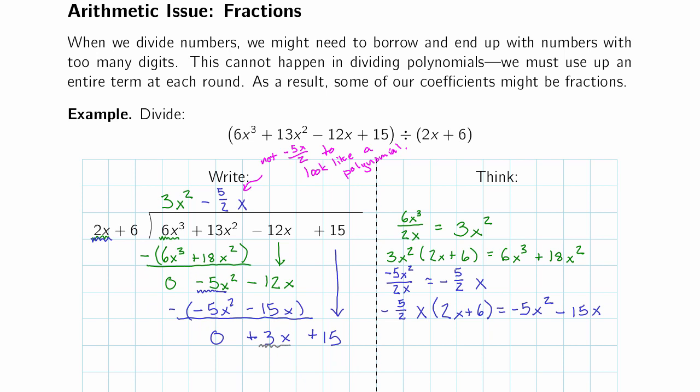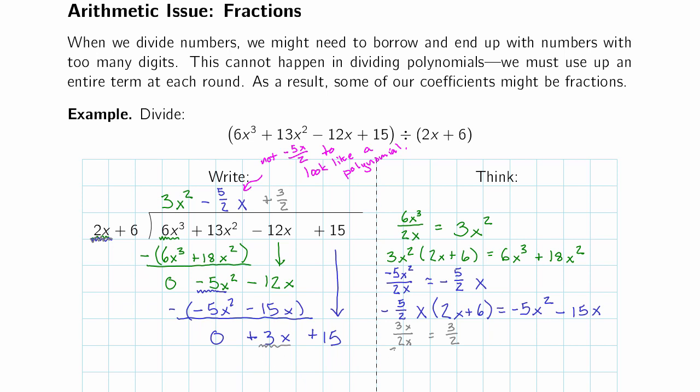Again, first term divided by first term. We have 3x divided by 2x, which is 3 halves. So the last term in our quotient is going to be plus 3/2.